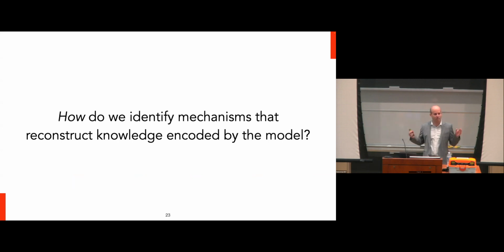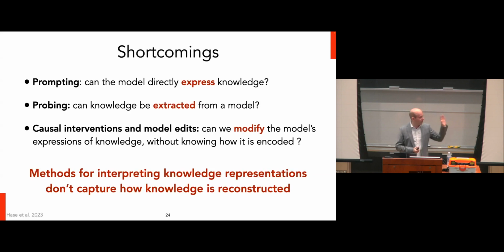So moving away from the fact that model information should be accessed and more thinking about the constructive process that reconstructs those memories that the model has. And we talked a bit about the shortcomings of how classical interpretability methods try to attack this problem, so issues with prompting, probing, model editing.